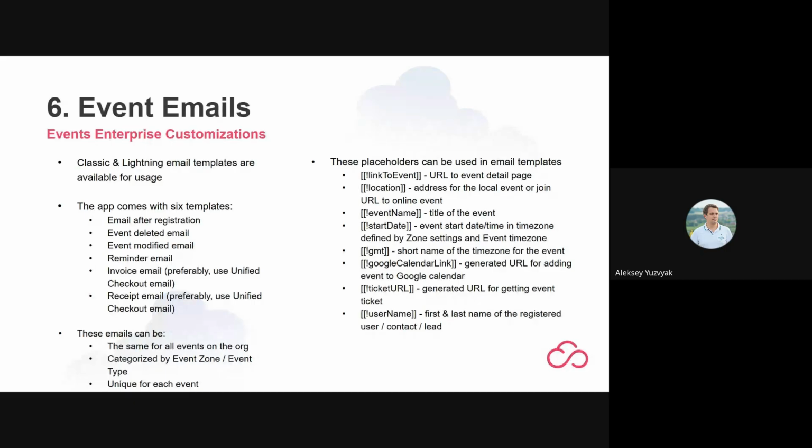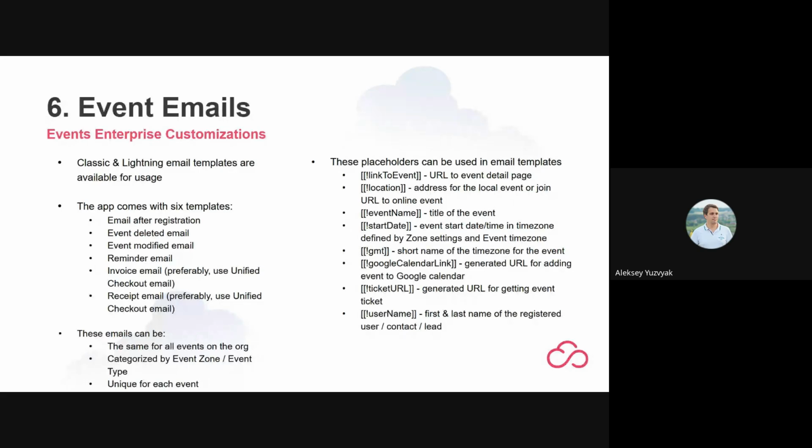What can be automated or adjusted? For example, these first 4 emails can be the same for all events in the org, so you don't need to create some categorized approach.